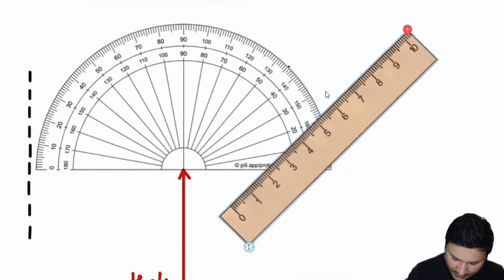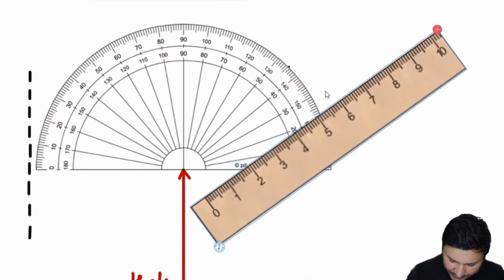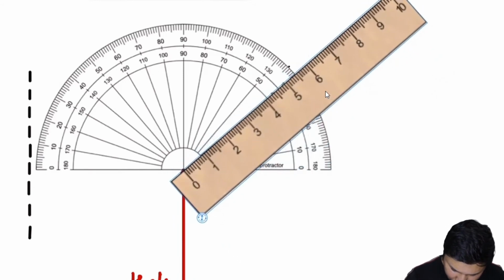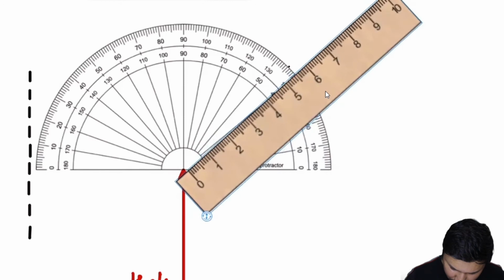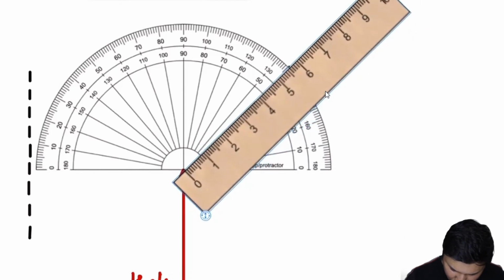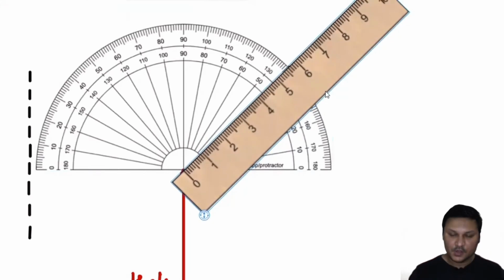Now what I do, I'll adjust the ruler according to the direction. Okay, so here we are drawing a vector of 2 meter per second, which is made up of 4 centimeters.